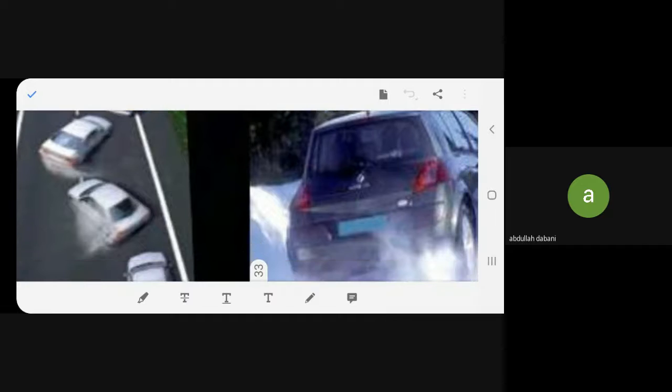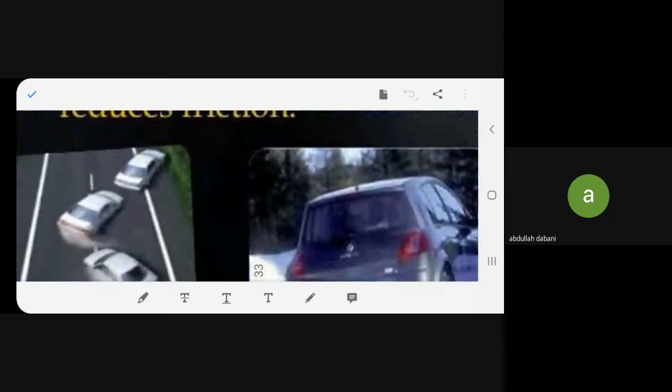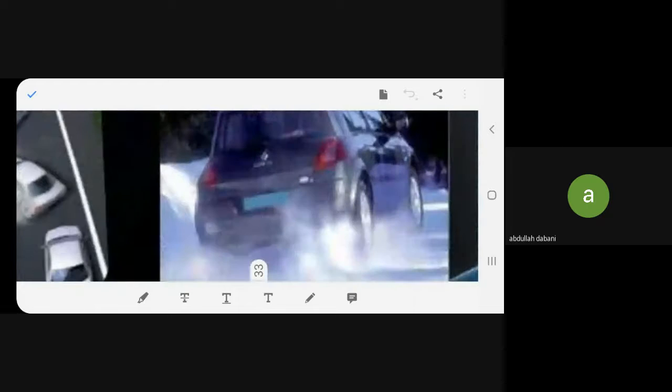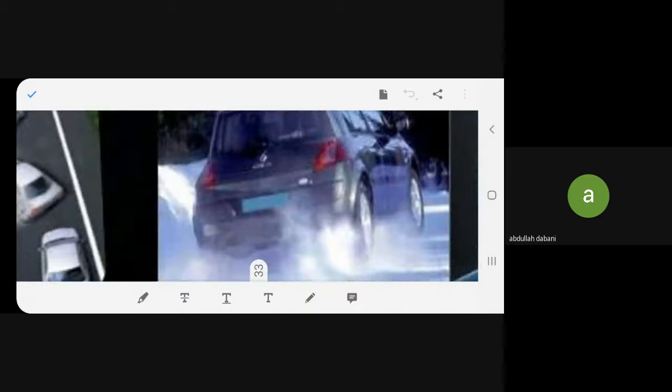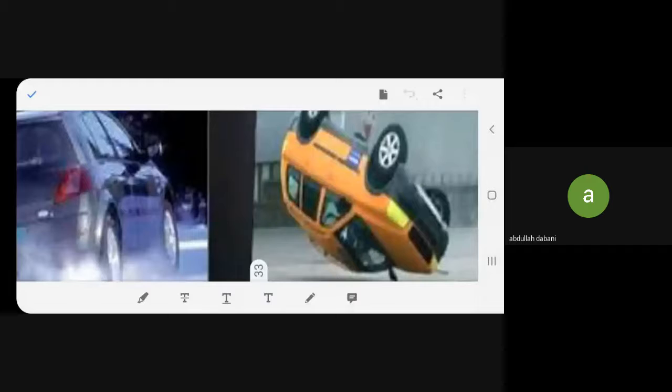See how the car is traveling. It's moving sideways. It's not going in a straight line. Over here also, it's so difficult for the car to move on a wet road. Here, see, it is overturned. It slipped, it skidded, and there's an accident. This is what happens.